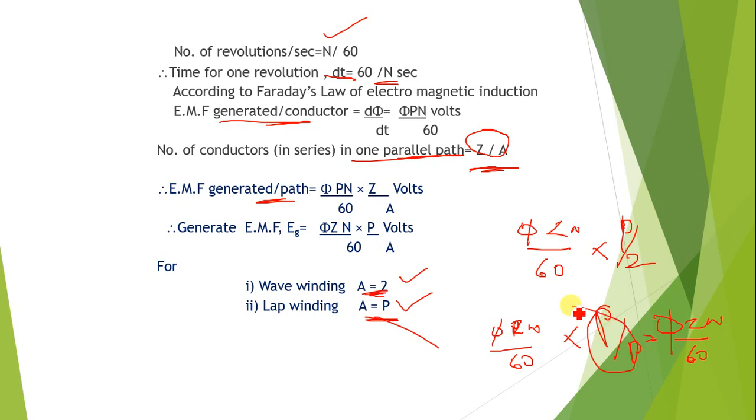So phi Z N by 60 in case of lap, and phi Z N by 60 into P by 2 in case of wave winding. This is the cumulative equation for the EMF that is generated.